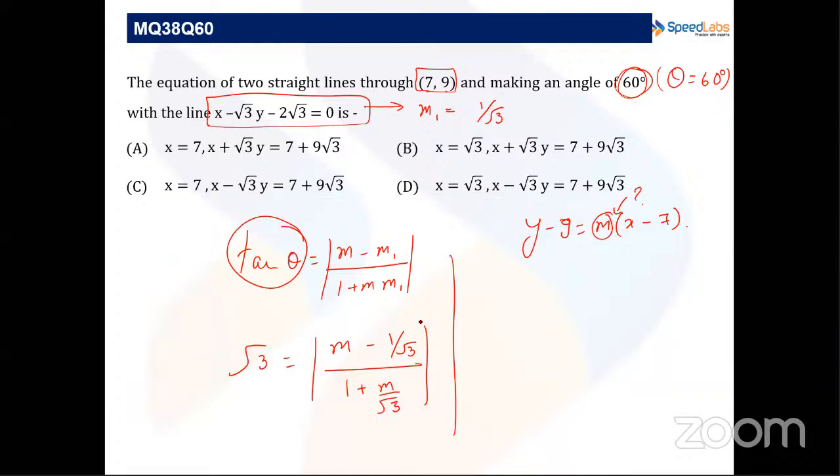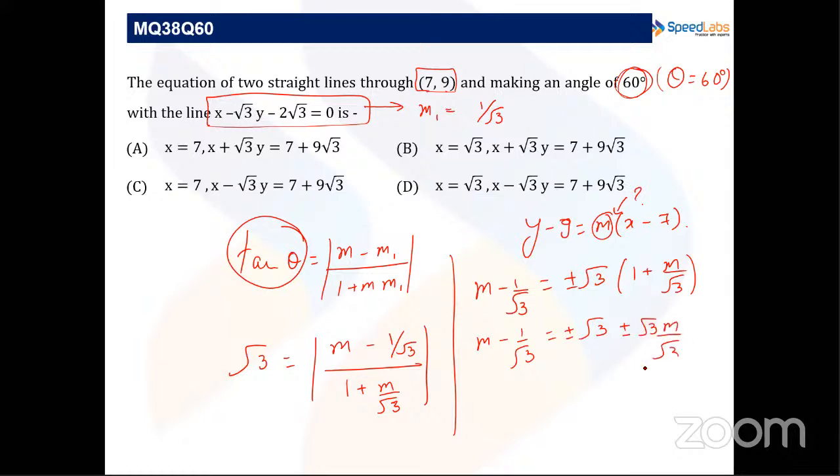Removing the modulus sign, we will put plus and minus sign. m minus 1 by root 3 equals plus minus root 3 into 1 plus m by root 3, that is, plus minus root 3 plus minus root 3 into m by root 3.